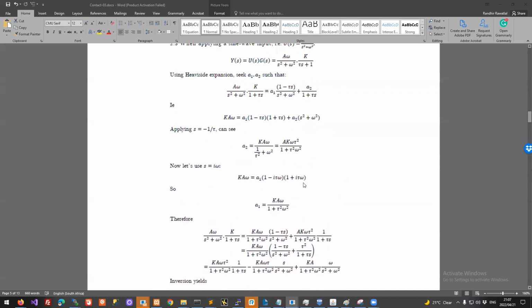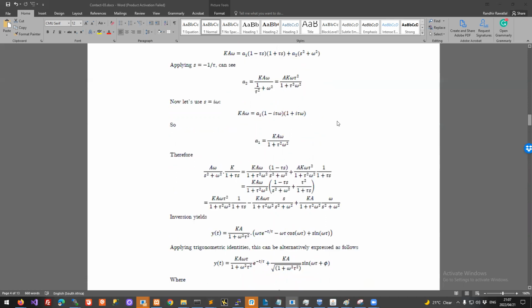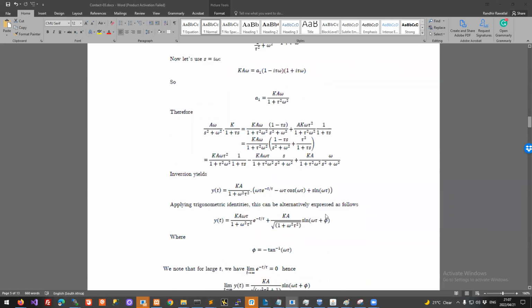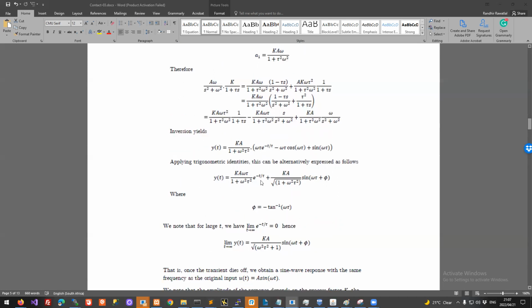And so we are saying if we apply a sine wave at the entrance to a first order process, then we also get a sine wave in the response. So we do get a short period where there's another influence. This is short-lived because as t goes to infinity, this becomes 0.